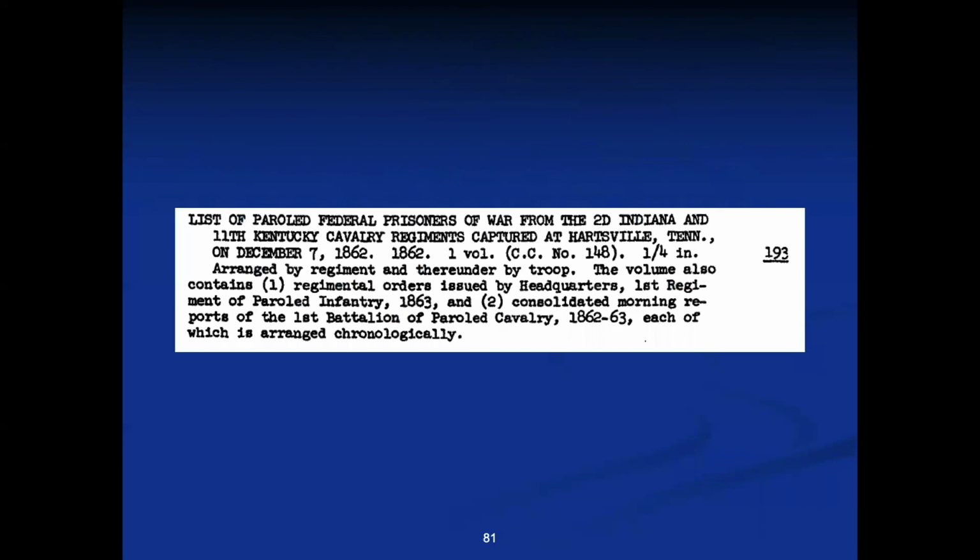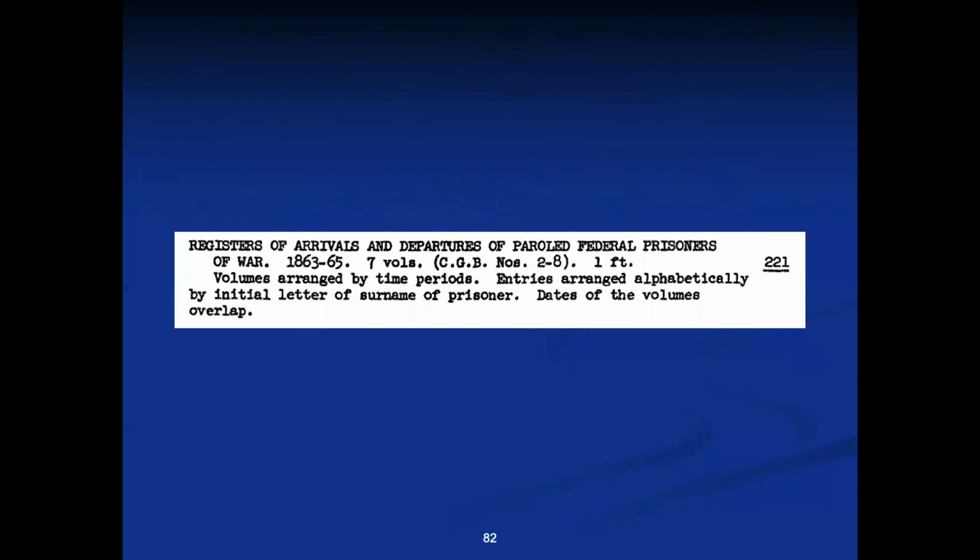So here, entry 193 is a list of paroled federal prisoners of war from the 2nd Indiana and 11th Kentucky Cavalry Regiments captured at Hartsville, Tennessee on December 7th, 1862. These are various registers. There's an appendix which lists miscellaneous rolls, returns, and reports.